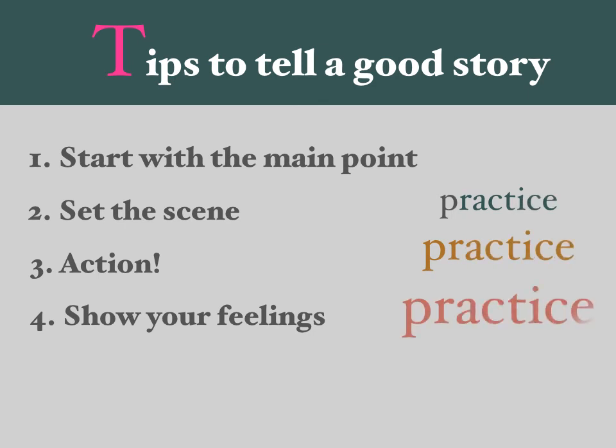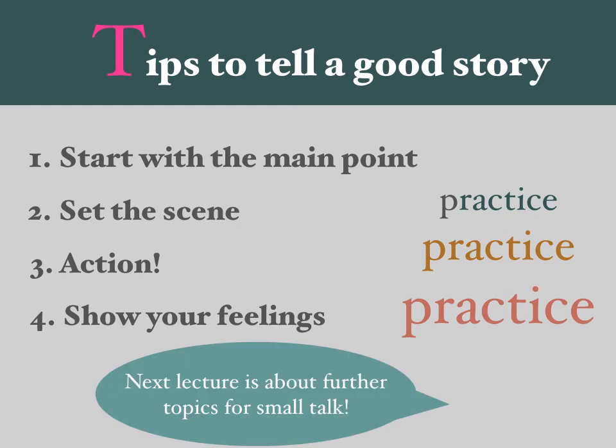Very good storytellers have reached that state by telling stories again and then again. So try using the 4-part framework as a way to structure your stories and practice, practice, and practice. In our next lecture, we will look at further topics for small talk.